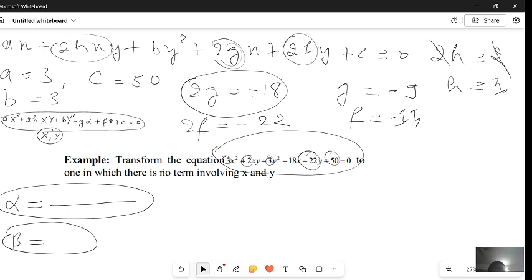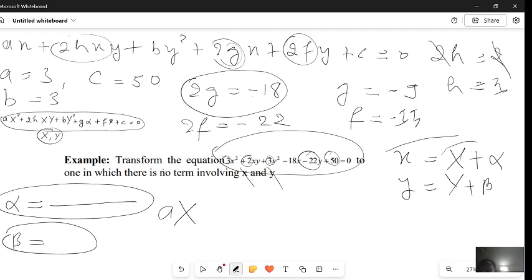If I determine the value of alpha and beta, I can remove the small x and small y, and my equation will come with capital X. I found the value of alpha, I found the value of beta. I will have small x equal capital X plus alpha, small y equal capital Y plus beta.